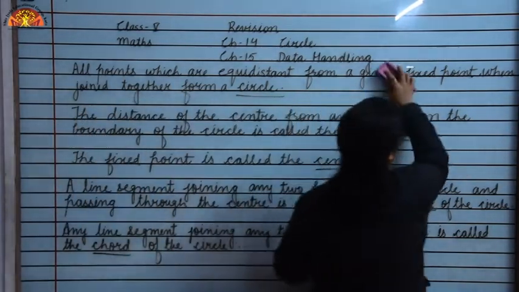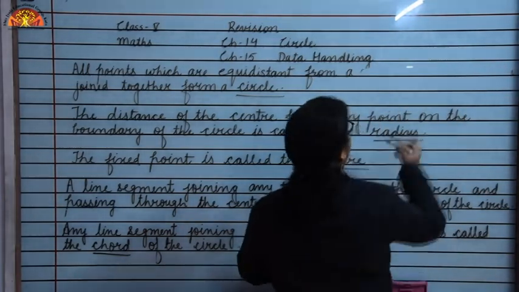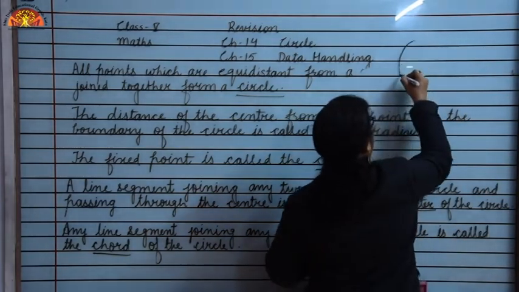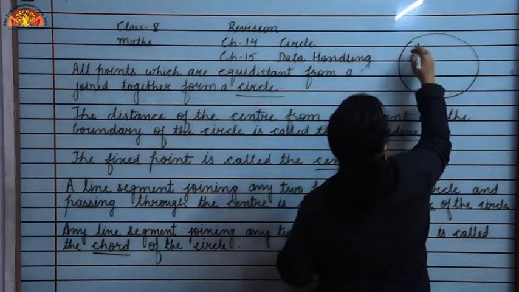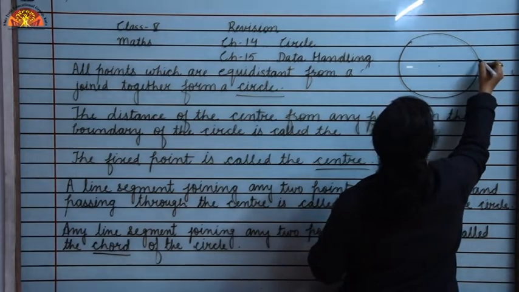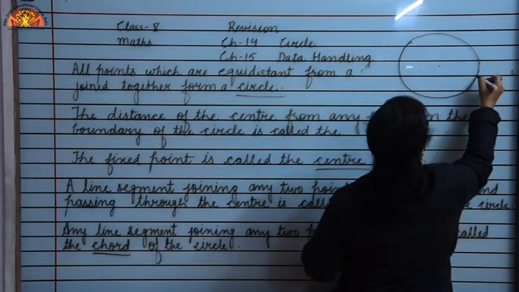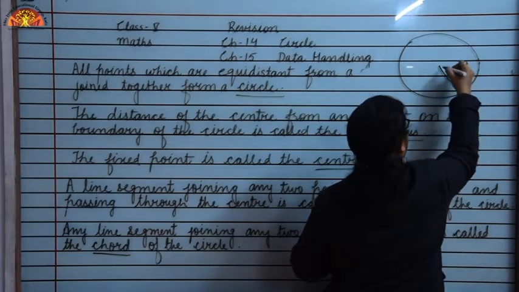This is the circle and this is the center of the circle, and all these points are equidistant from this point.